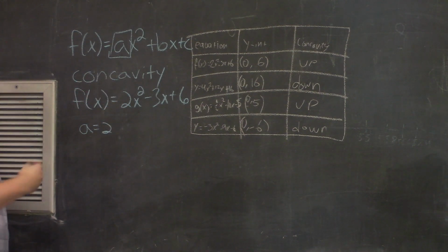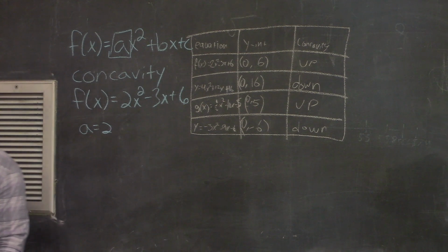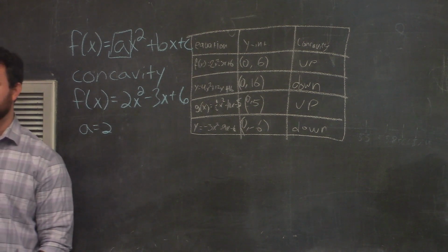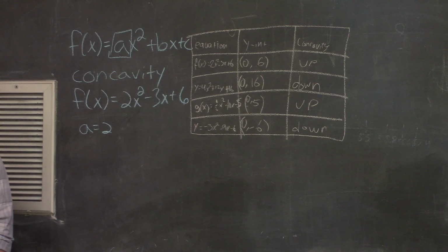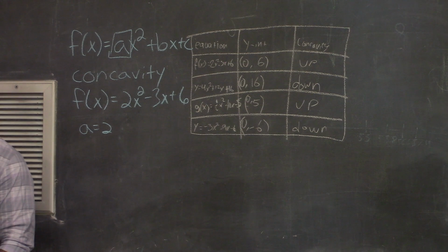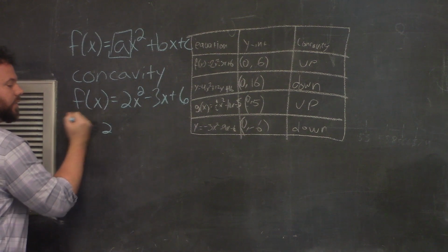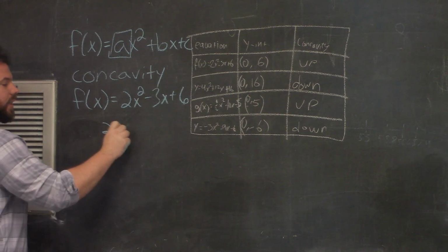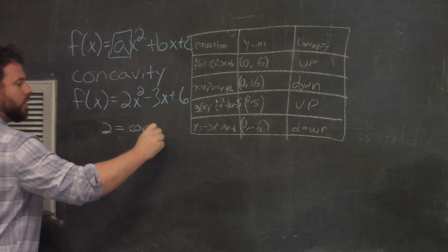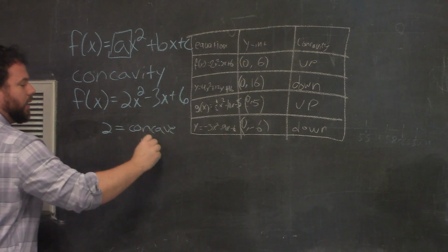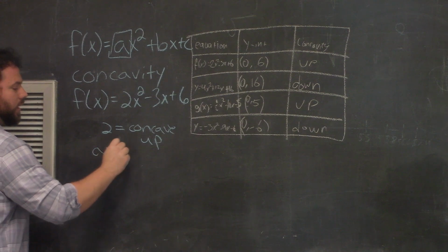The x squared tells me where my A is, but the A is just the number 2. Please notice how I said A equals 2. So the concavity is what? The most common thing that I see students do that is very incorrect is they'll say 2 equals concave up, or they'll tell me A is equal to concave up.